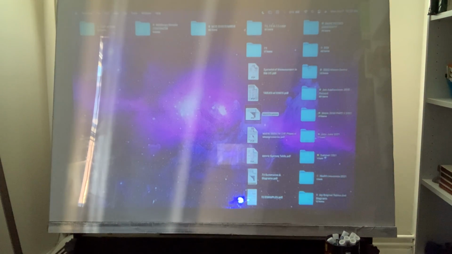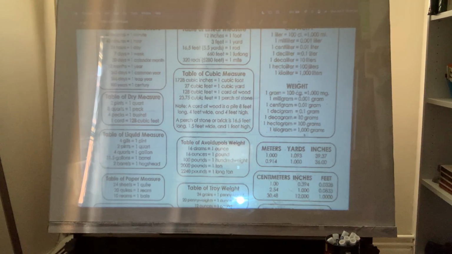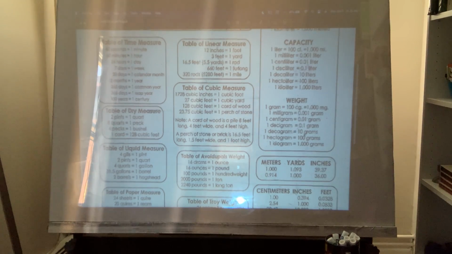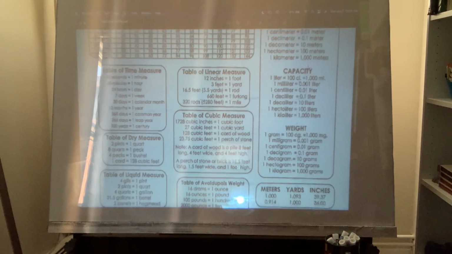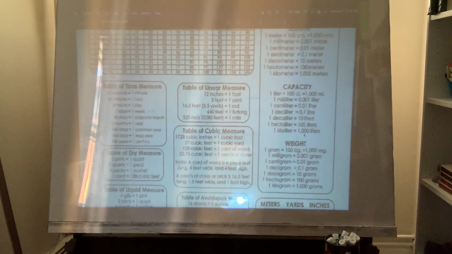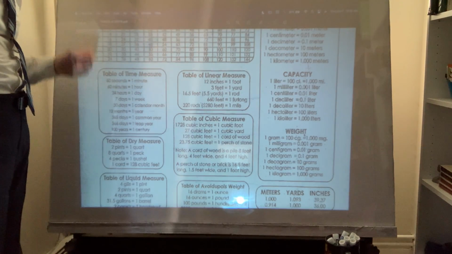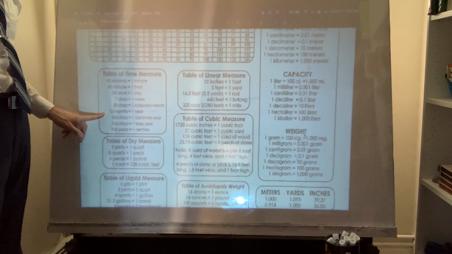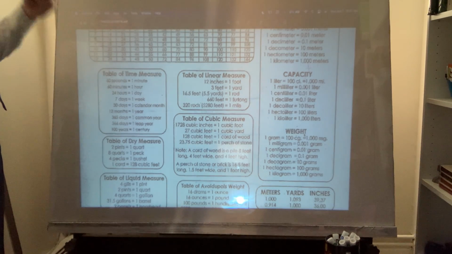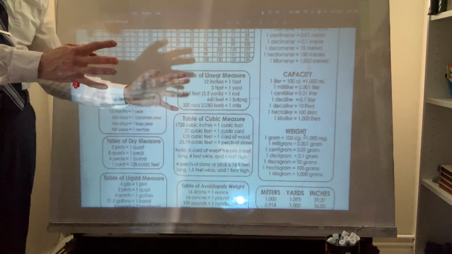All right, now back to this. Here's that table I mentioned. I had it not projected yet. A lot of this, as you can see, is seemingly arbitrary. Some of it's misleading. Like, for example, the time measurements that we have go back to the Babylonian period. Remember that conversation? 60 is a number that they arrived at because of basically their hands.